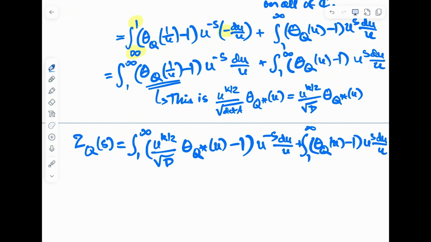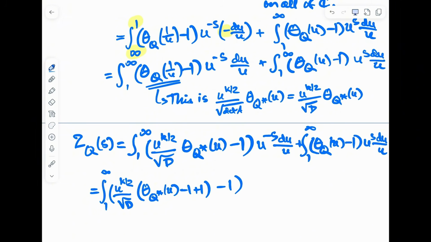So this would be very similar to what we had last time. So I really would prefer to have theta minus 1, because I want to get rid of the constant term. So what I'll do is I'm going to write theta q star of u, I'm going to subtract 1 and add 1. That hasn't changed anything. And now put the minus 1 there. Got to look at it, it really is the same thing. Okay. So now we want to keep theta minus 1 together.